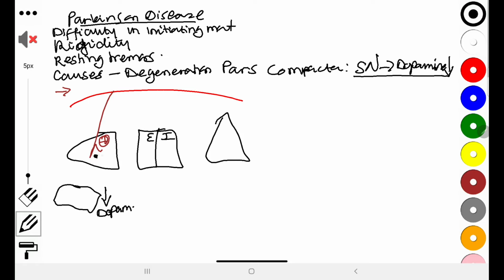And then you're going to have GABA released onto the internus. And once you have that, you're going to have inhibition of GABA in the thalamus, and so there will be less GABA. If there's less GABA, it means that you are not inhibiting this pathway as much, and so there will be stimulation. So if you're reducing dopamine, it means that enhanced release of GABA that was happening in the GPI is not there, and so the enhancement of this pathway.